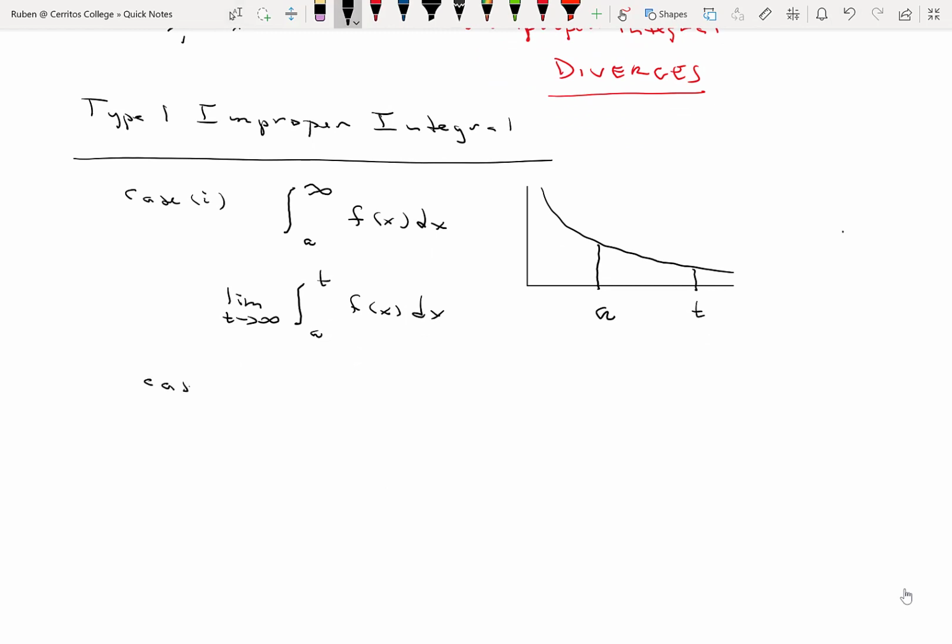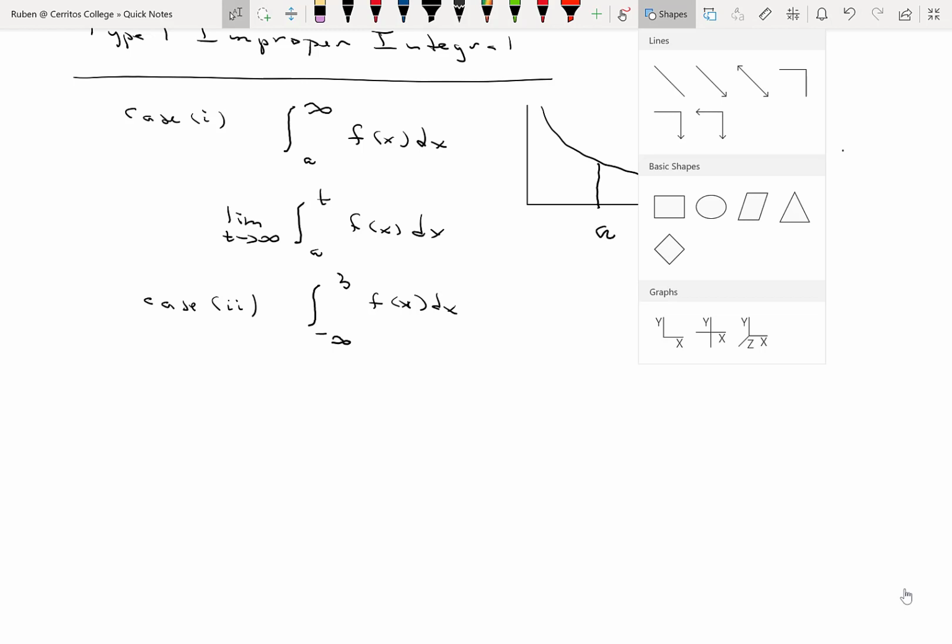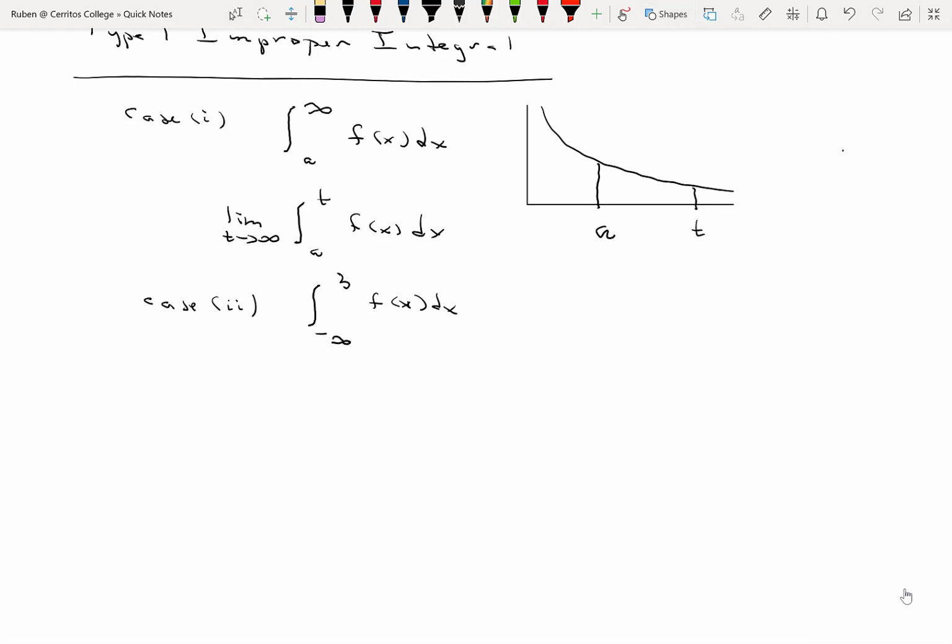So the second case, you can probably guess where this is coming from. Let's say case II. We're looking at the possibility that the lower limit of integration is infinite. So we have the integral from, let's say, negative infinity to b of the function f of x with respect to x. In this case, again, let's get a quick graph of this situation.